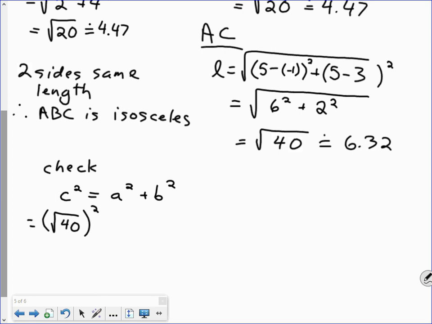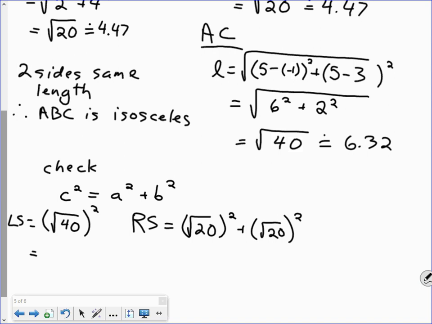And our a squared plus b squared, I guess we should think of this as doing like a left side, right side check. a and b are going to be our other two sides. So that's going to be root 20 squared plus root 20 squared. Well, root 40 squared is just going to be 40. Root 20 squared is going to be 20. 20 plus 20 is 40.